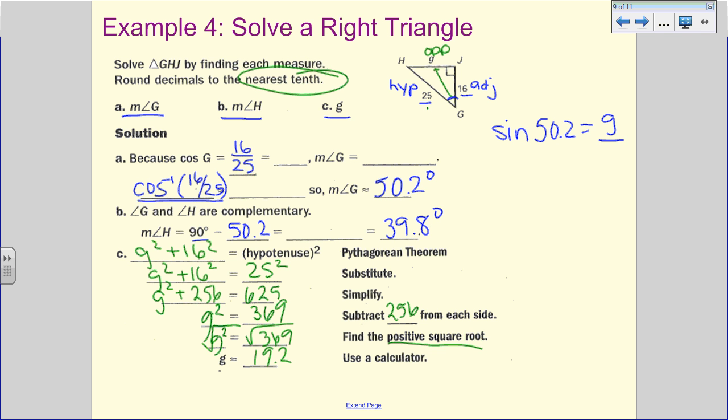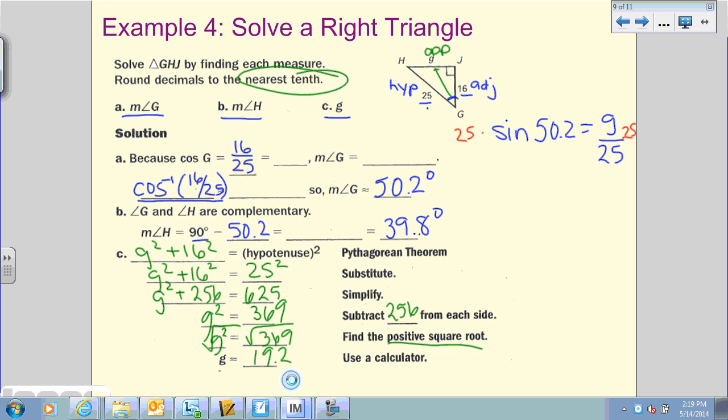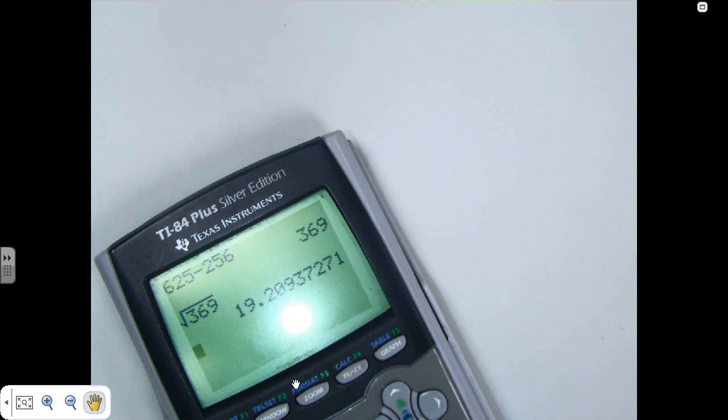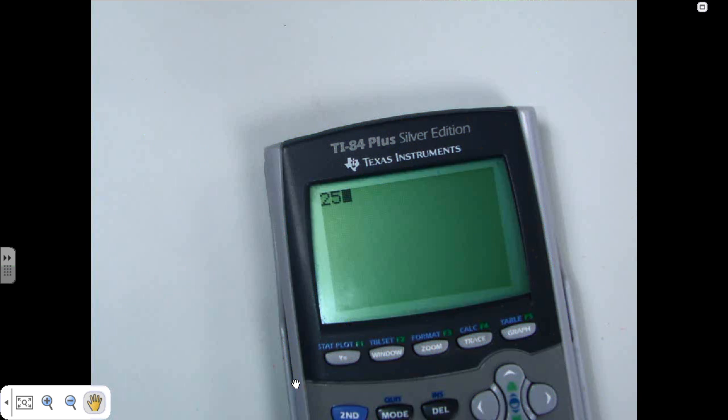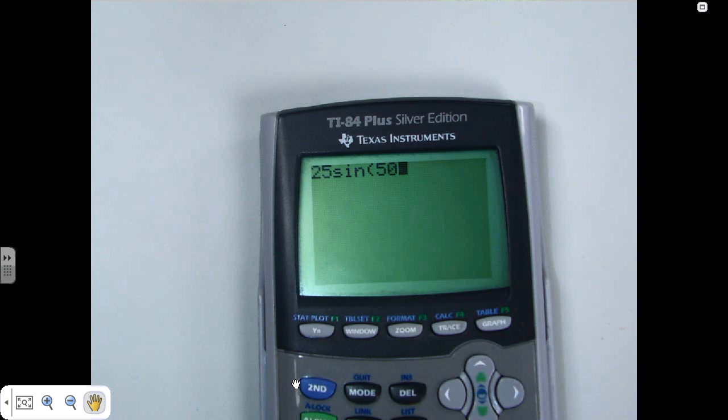This is the opposite side that we're trying to find when we find G. So if I do sine of 50.2 equals G over 25, how am I going to solve for G? Times by 25 on each side. So if you go to your calculator and you do 25 times sine of 50.2, we're going to get that same answer of 19.2.